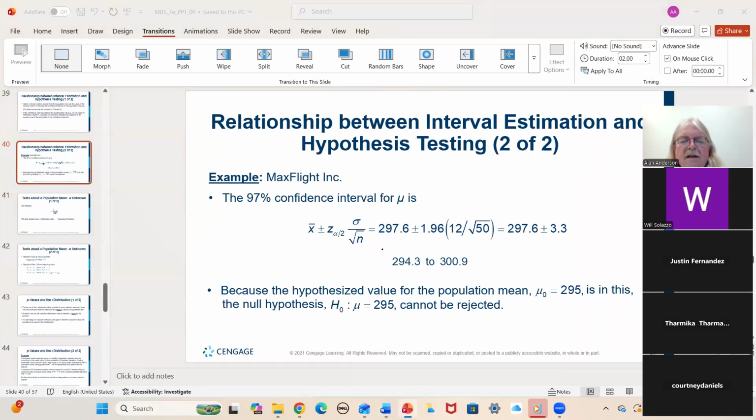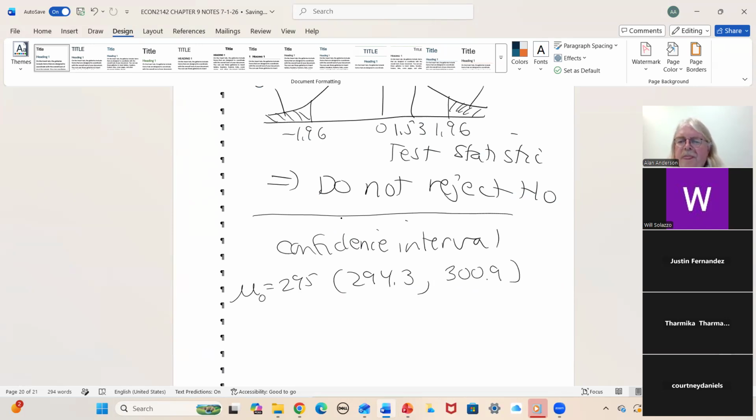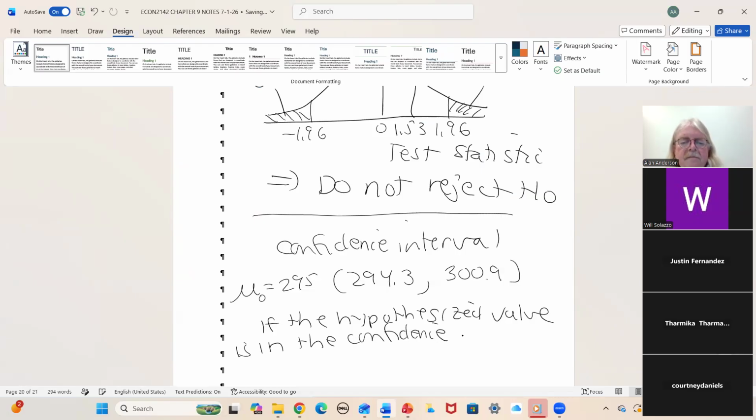So the way this works is if the hypothesized value is in the confidence interval, do not reject the null. And that's what happened here. It's in the interval.